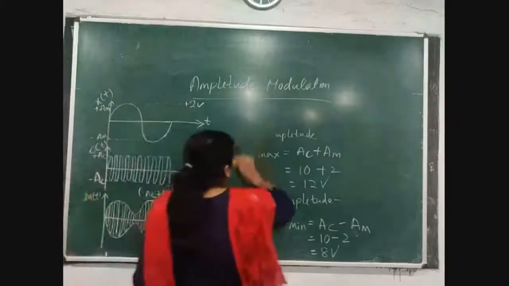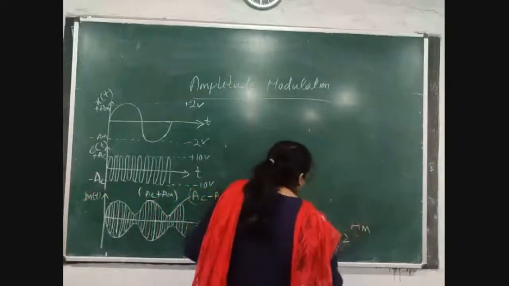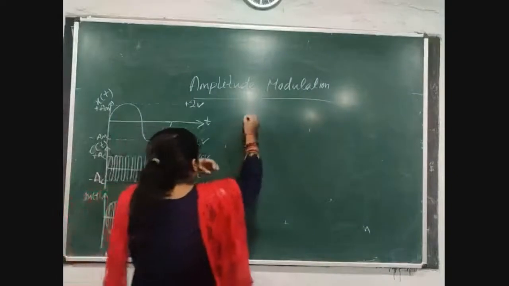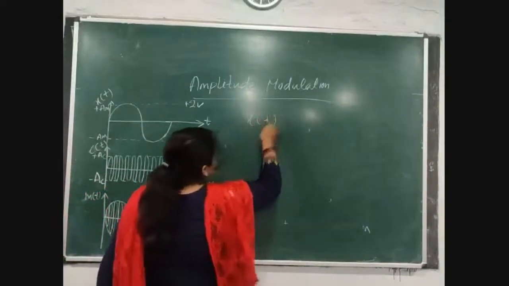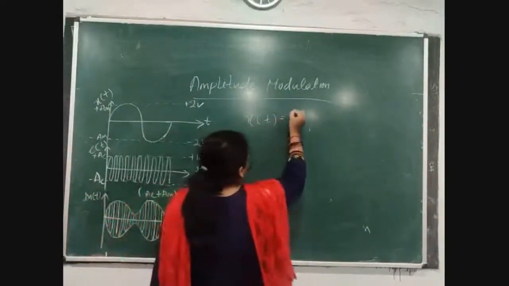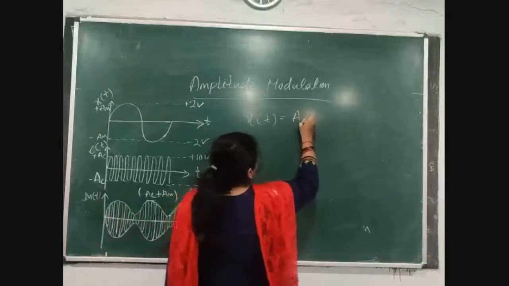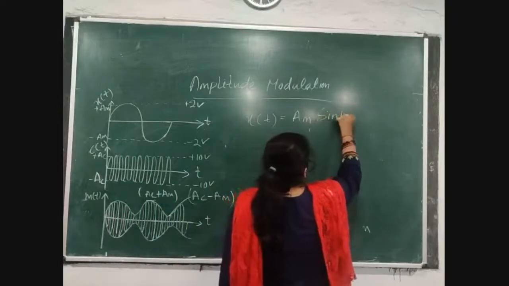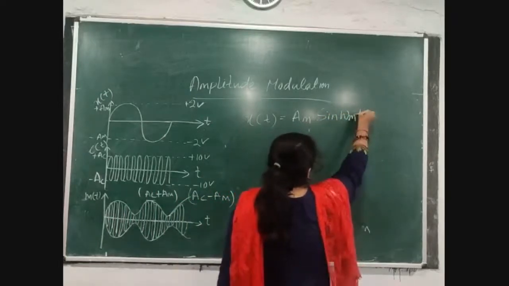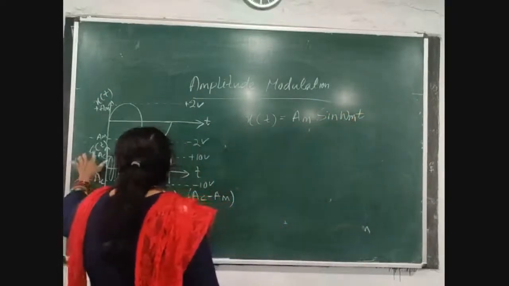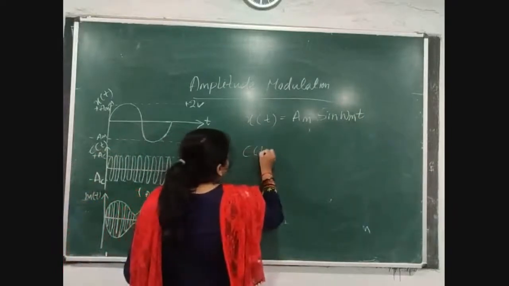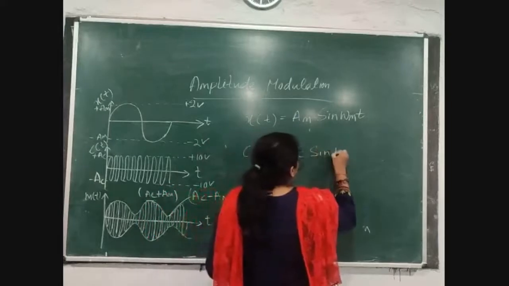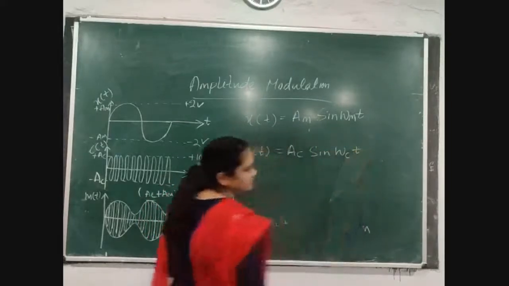Next we discuss the equations of these signals. The modulating signal is denoted as x of t, and the equation is AM sin omega mt. The carrier signal c of t equals AC sin omega ct.